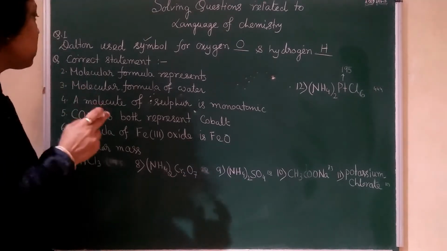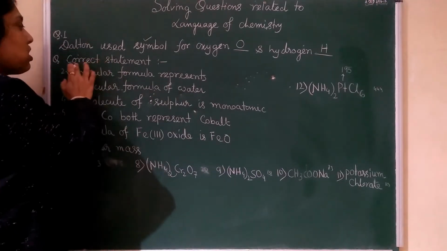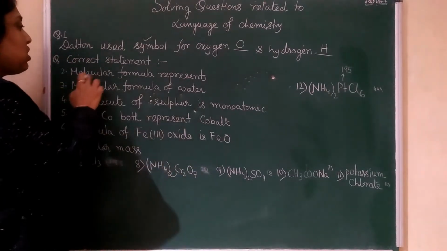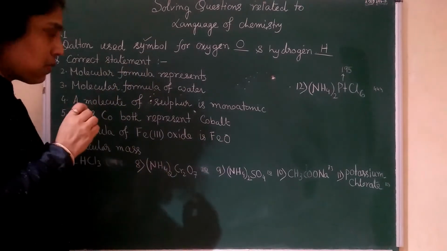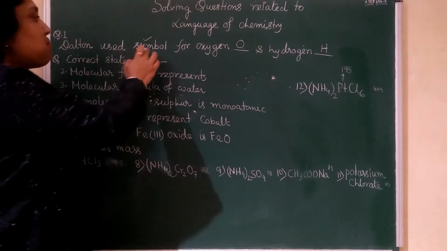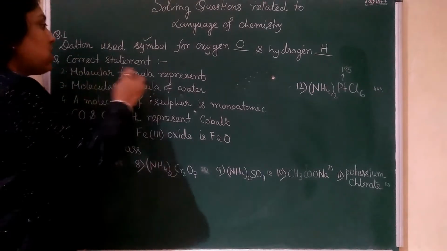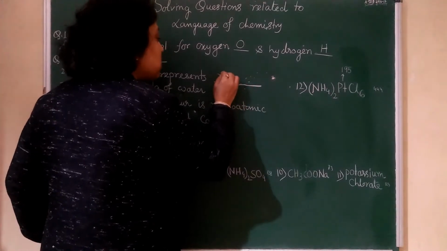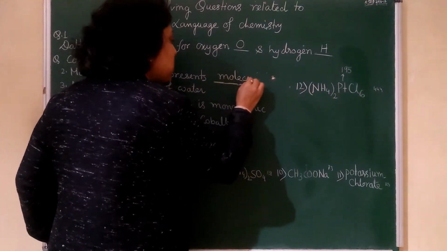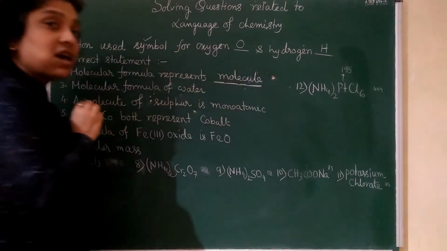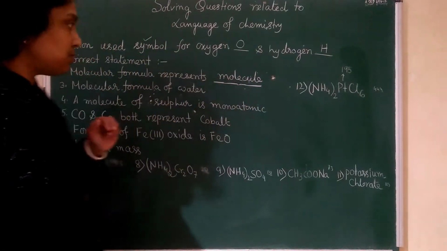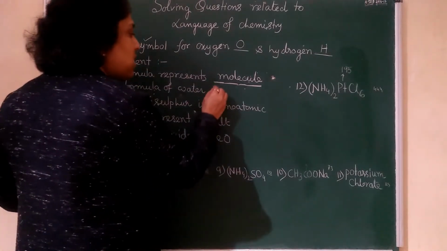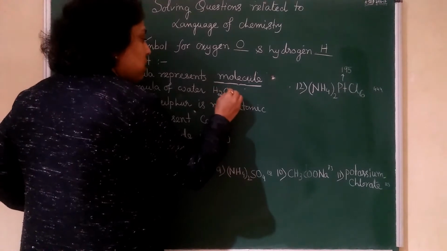Molecular formula. Next question. Choose or write the correct sentence. In the question it is written that molecular formula represents element. Wrong, because elements are represented by symbols, but a molecular formula represents a molecule. So you have to correct that statement by writing molecule in place of element. Next one, molecular formula of water. It is given as H2O2.